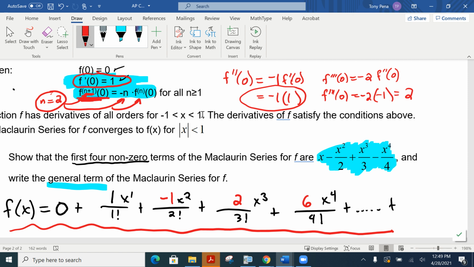When you think you have the general term, let your n equal whatever you think it starts at and see if it actually produces what we want.